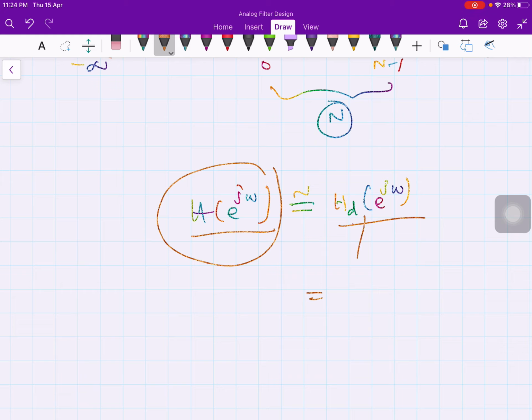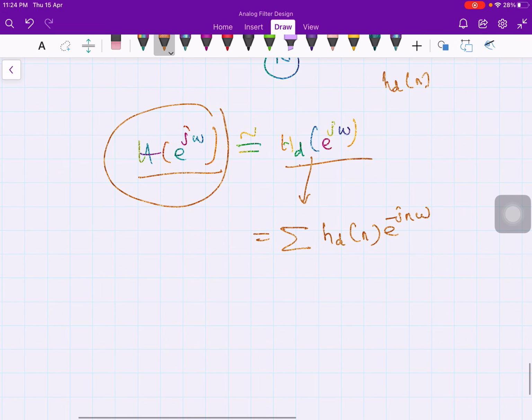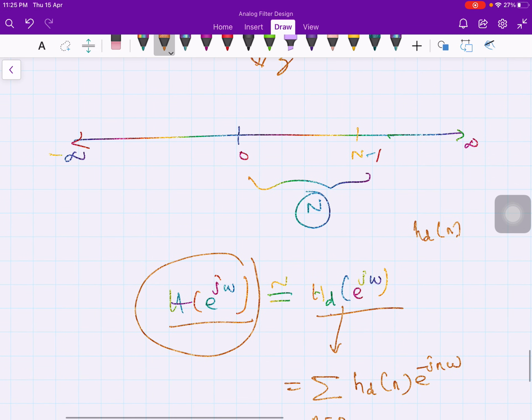Then you can write the formula. This is the Fourier transform of the impulse response hd. So we will write Hd(e^jω) as the summation of hd(n) e^(-jnω), n equal to 0 to N minus 1, because we are now considering 0 to N minus 1 in this length.